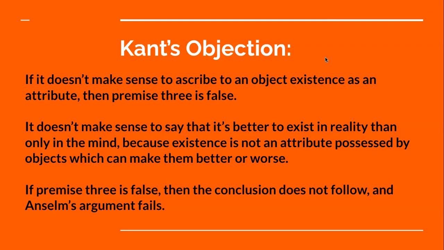And if premise 3 is false, then the conclusion does not follow, and Anselm's argument fails. Each of the premises of an argument needs to be true for the conclusion to follow. If Kant has succeeded in showing that premise 3 is false, then the conclusion does not follow.